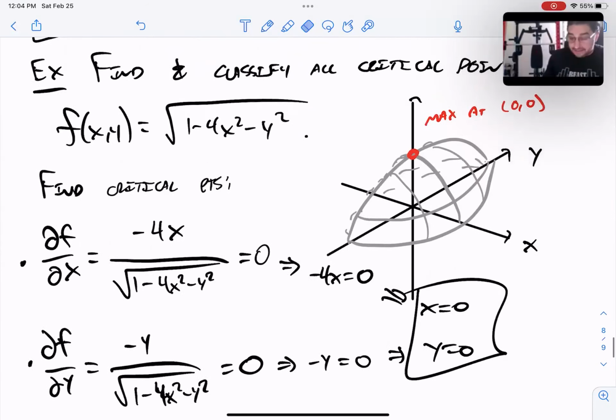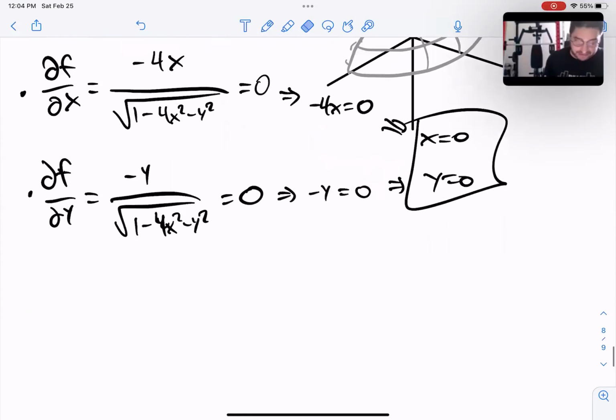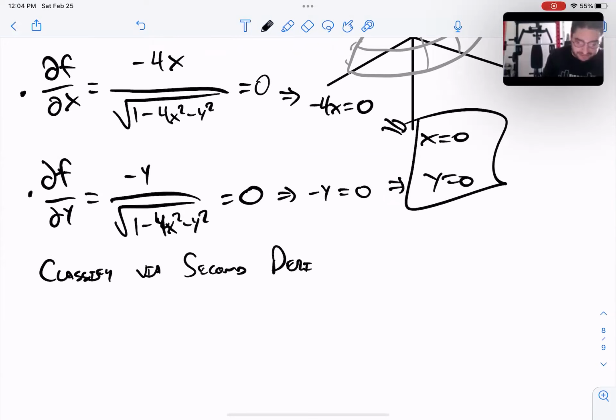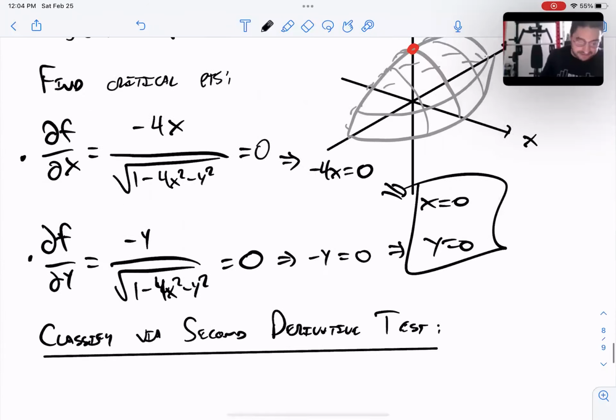Let's now look at classifying it. So let's now classify via the second derivative test. This is going to be a little bit ugly because I have to take the second partials here.